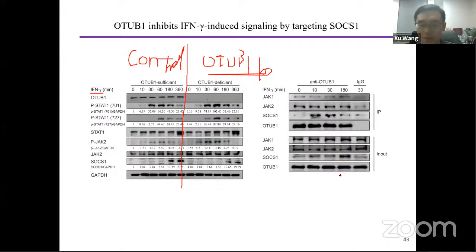In this experiment, I found that OTUB1 interacted directly with SOCS1. SOCS1 is an inhibitor for interferon gamma-induced signaling pathways.